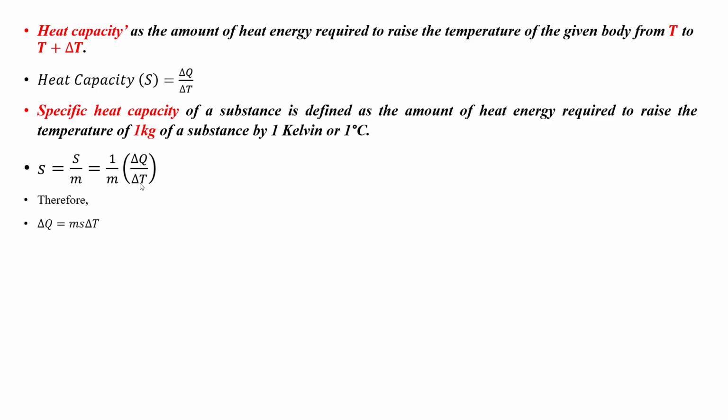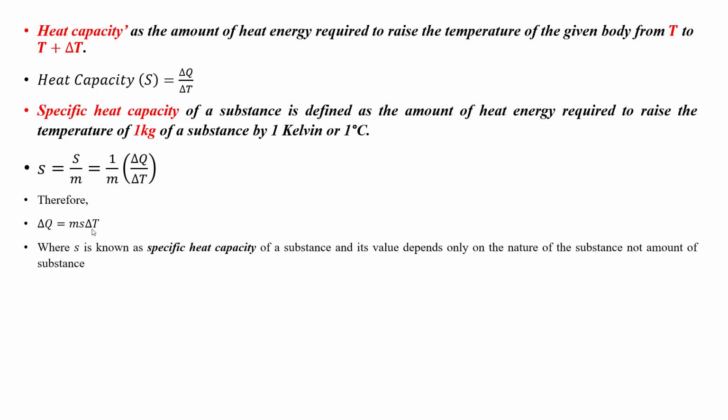Therefore, the change in heat energy is equal to the product of mass, specific heat capacity, and change in temperature, where S is known as specific heat capacity of a substance, and its value depends only on the nature of the substance, not on the amount of the substance. Whatever the amount is given, it depends only on the nature and the quality of the substance.